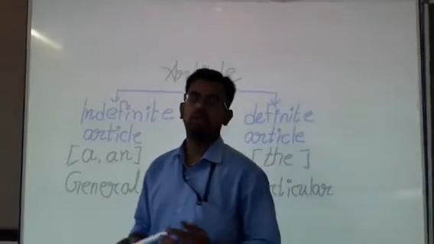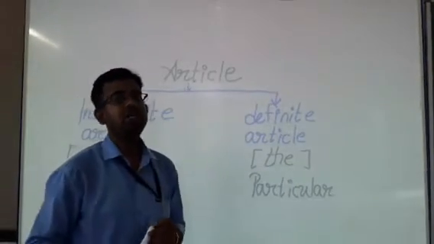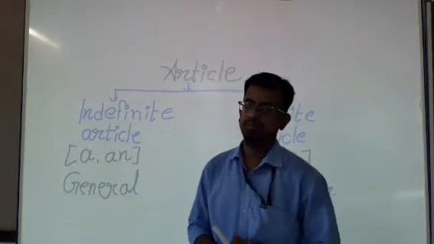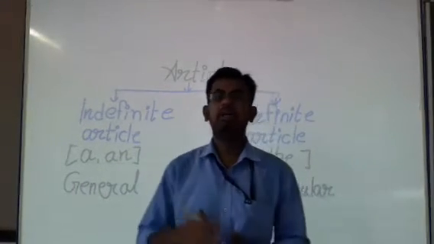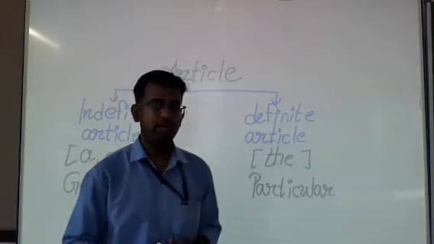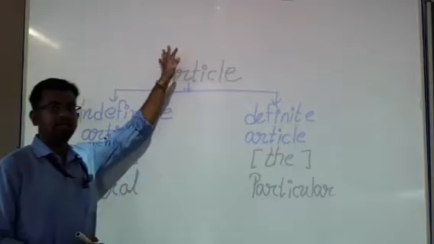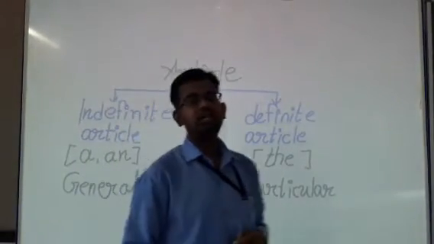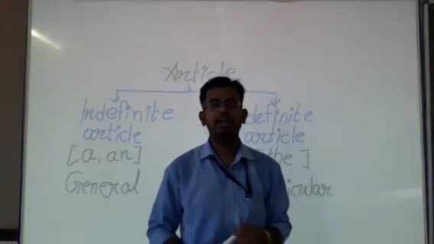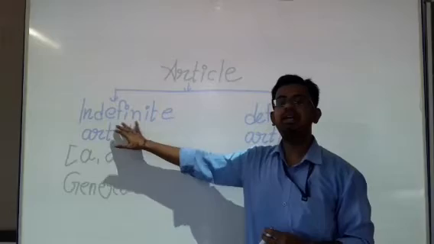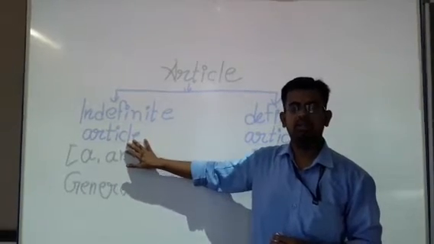So from here, students, we will start discussing our first determiner. The first determiner that we are going to start today is article. Okay, article. Article is again divided into two parts. First is indefinite article.